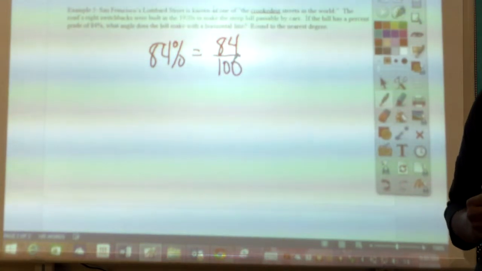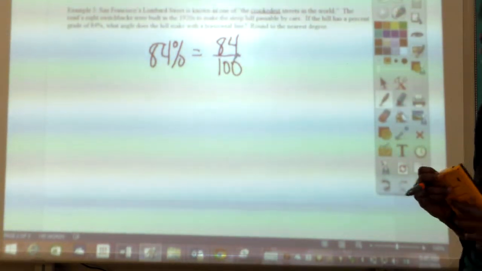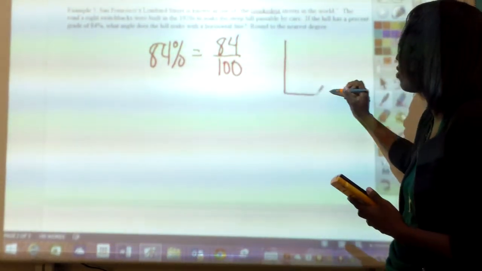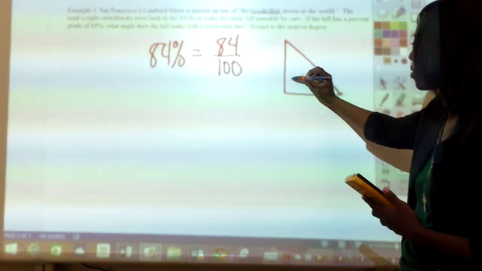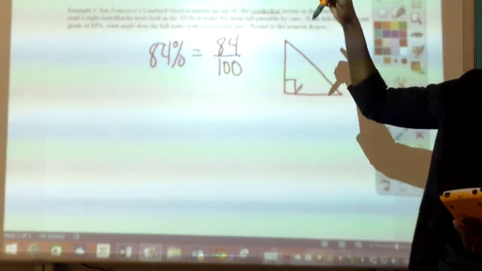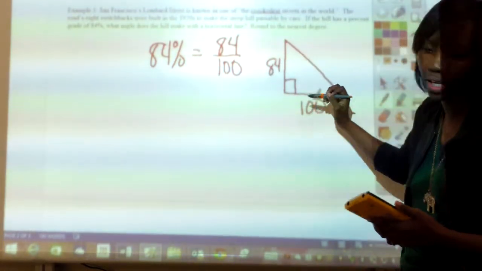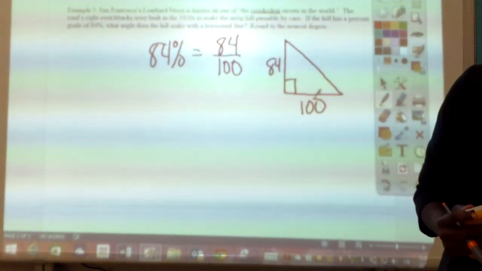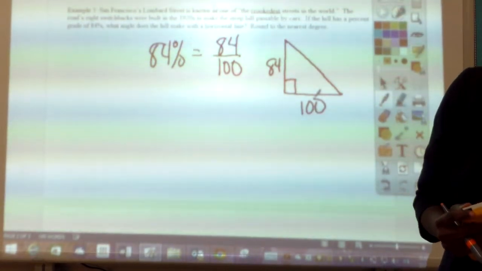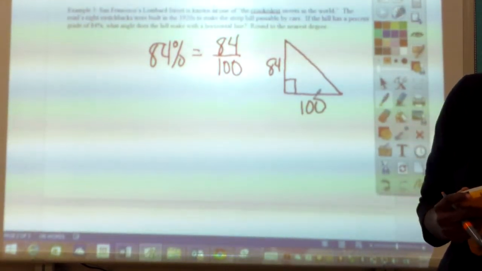And then it also tells us what angle does the hill make. So if we know it's 84 over 100, so we have the crooked street. We know that the height is 84 over 100. And we're trying to find what angle does the hill make with the horizontal line.